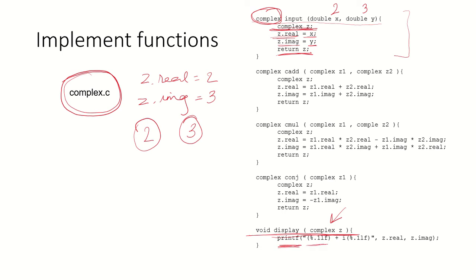As %0.1lf, this is the format specifier for a double, so it has to be printed like 2.0 plus 3.0i, because there's a 0.1 over here. So this is the format specifier, and this is how this complex number will be printed. Similarly for add, again two complex numbers are being taken, their real parts are being added, their imaginary parts are being added, and a new complex number is being returned.